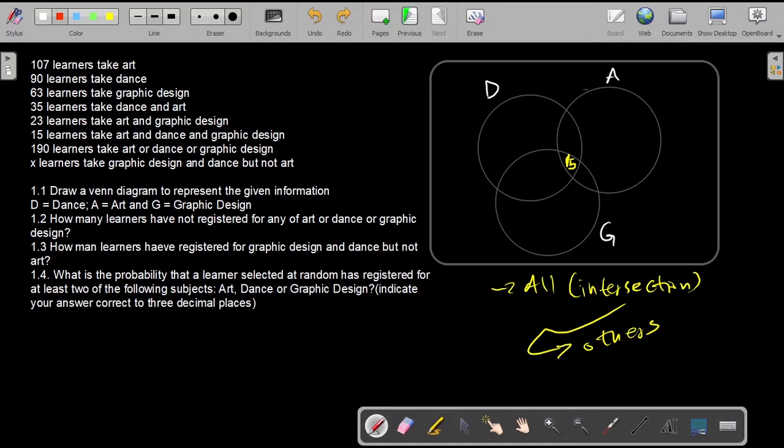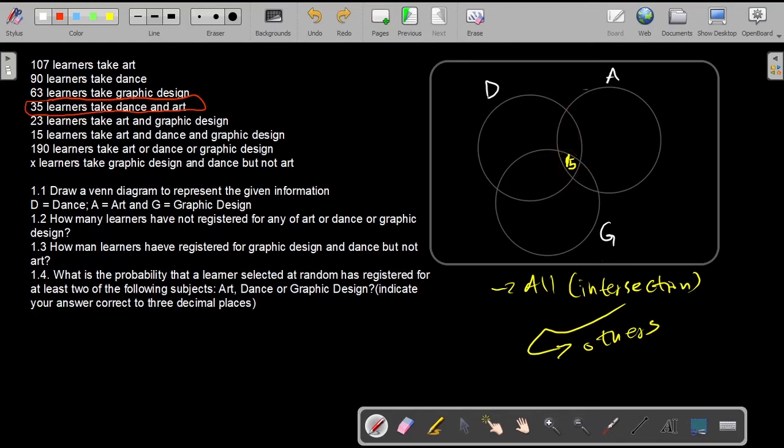For example, this line says 35 learners take dance and art. It also includes the learners who take dance, art, and graphic design, because that class is within it. So that is why you have to start with the intersection of all 3. If you want to talk about this section over here, it's the intersection of dance and art, which includes the intersection of all three.